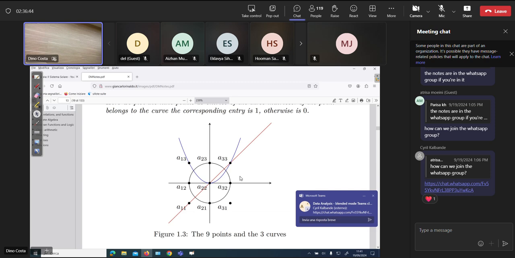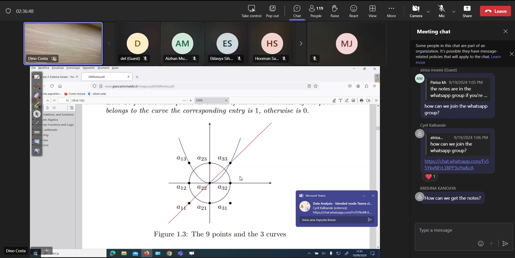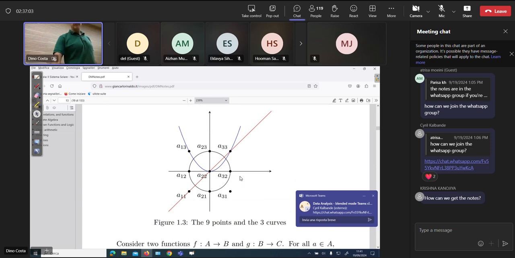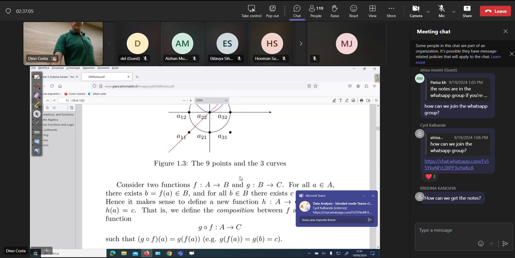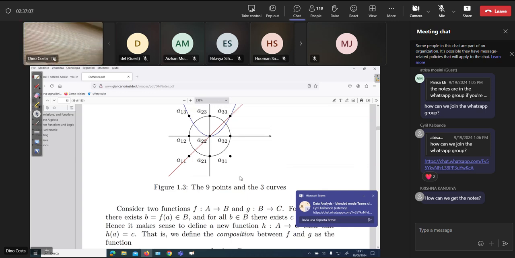So another way to consider a function and a relation all together can be by matrix, for the people that remember the quadrics from secondary school. Okay.